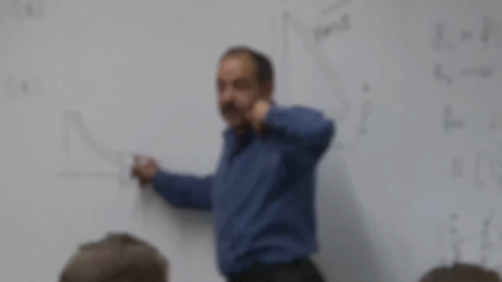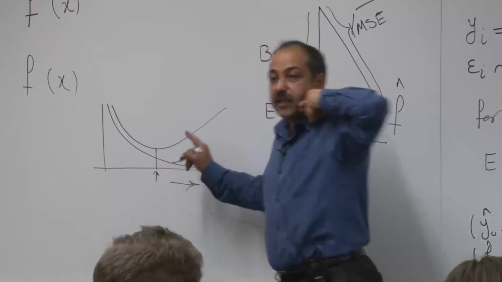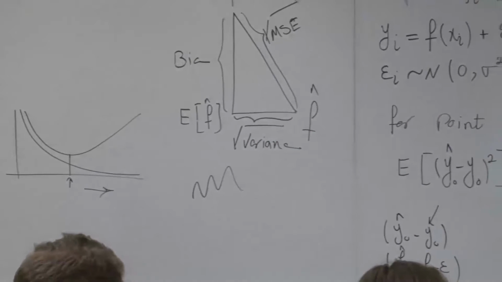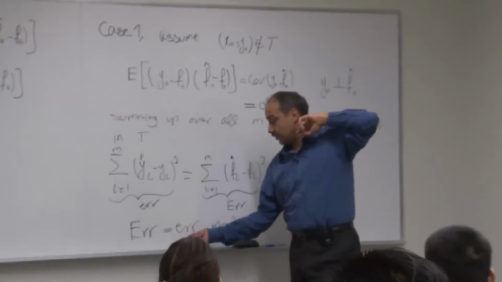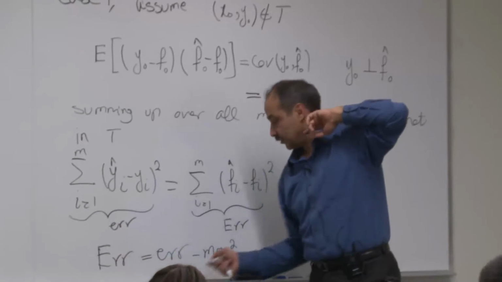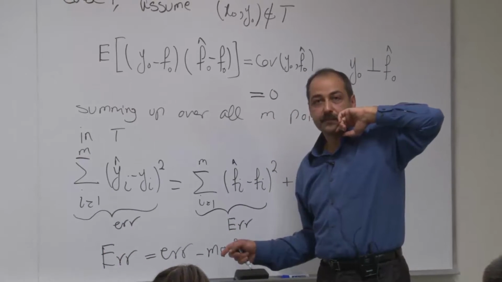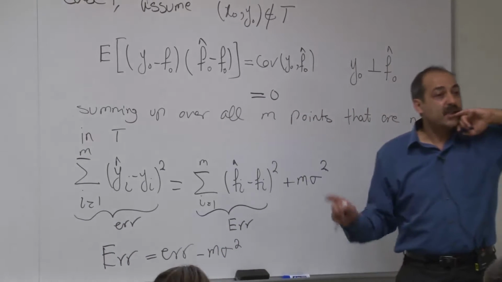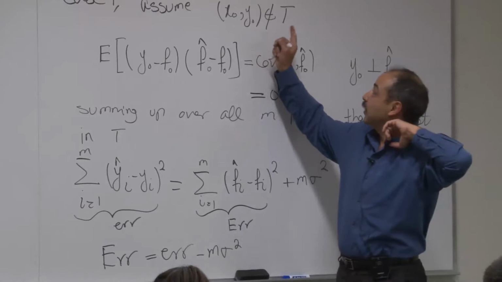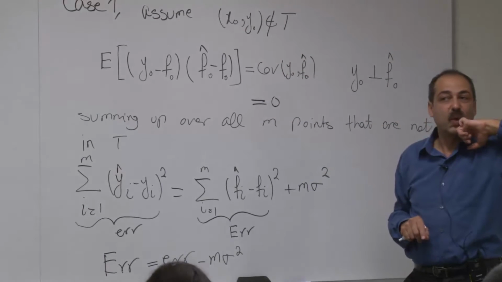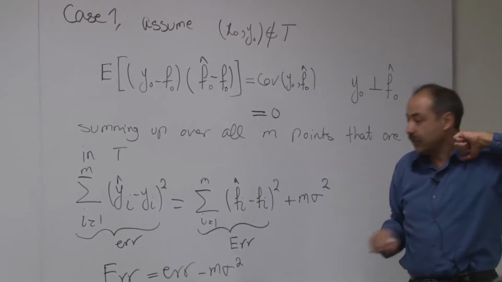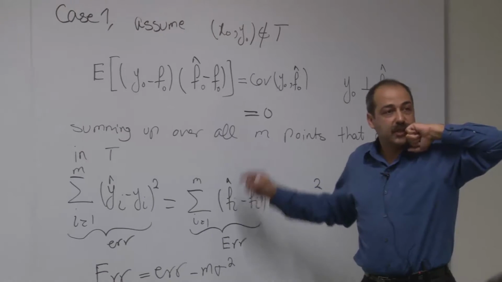We are minimizing the error on the validation set. And we claim that the validation error is a good estimate of the true error. That's the reason. Empirical error is a good estimate of true error up to a constant. That's not the case when the point is a part of the training set, though. We're going to see that case. But is there any question here?